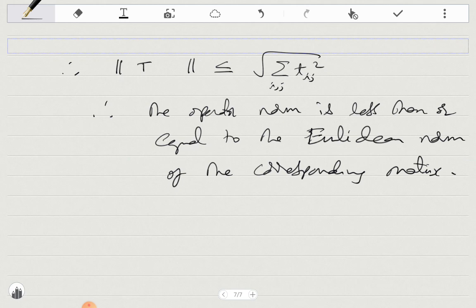We'll soon use it. So this ends my brief discussion of matrices, and then next I'll talk a bit about metric spaces. Okay, let's stop here.